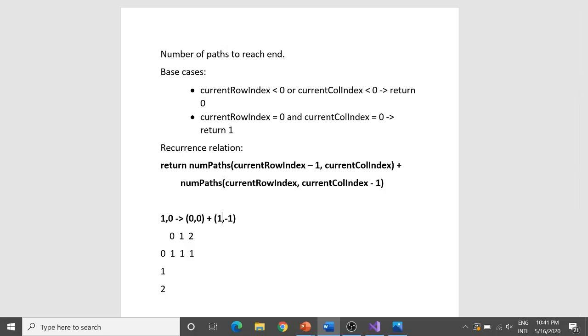Can I ever have that over here? No, I cannot. Why? Because this is my leftmost column, and hence whatever the answer to 0 comma 0 is, that would be the answer to 1 comma 0, because I do not have such a cell in my matrix.